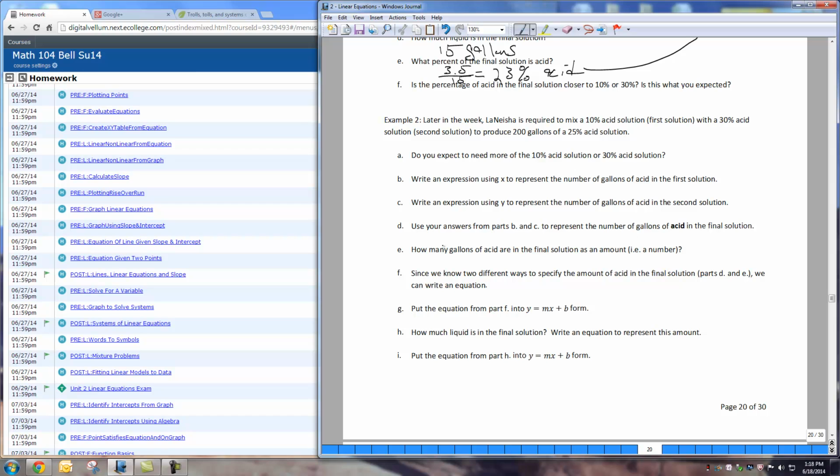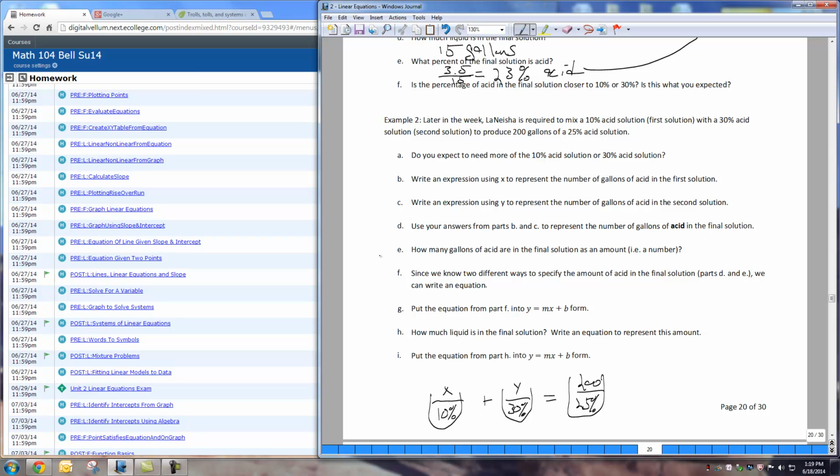So if I was to draw a little picture down here, it would look like this. This one, I don't know the amount, but this one is 10%, plus some other amount of 30%, and it gives me 200 gallons of 25%.